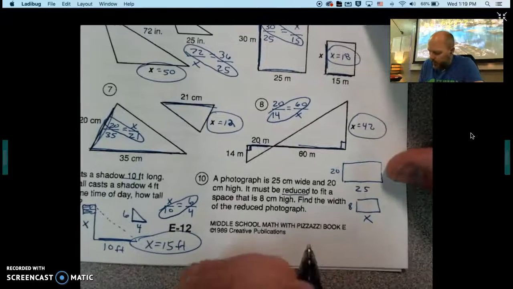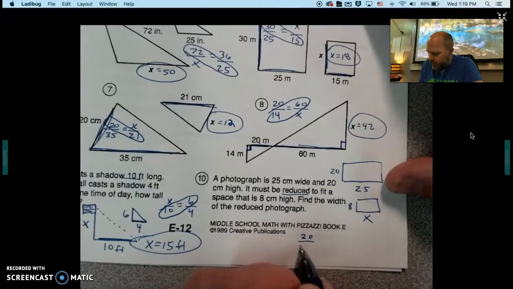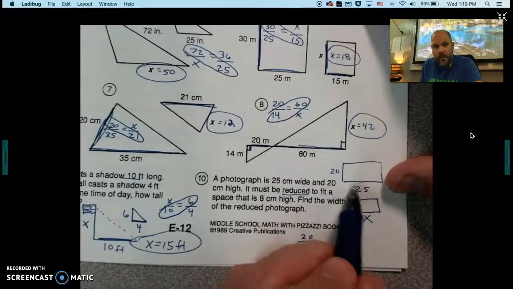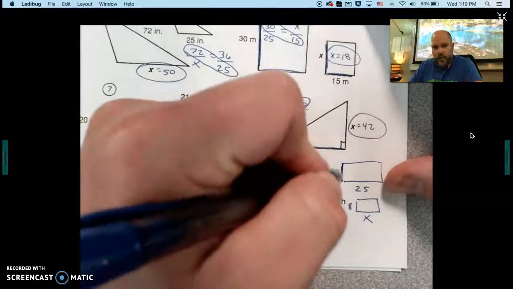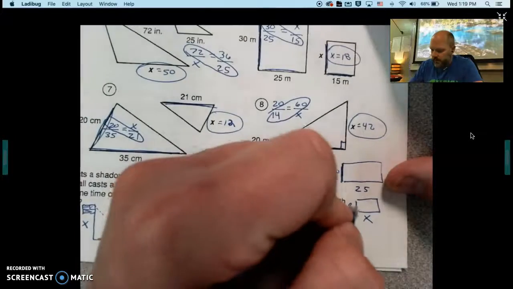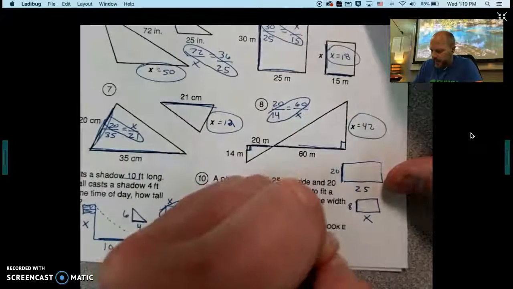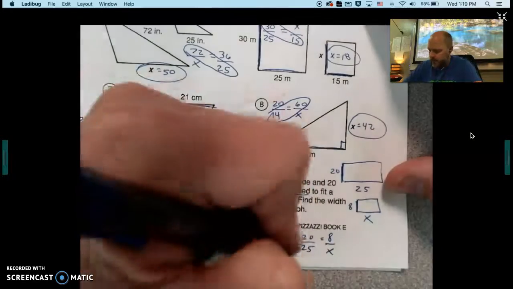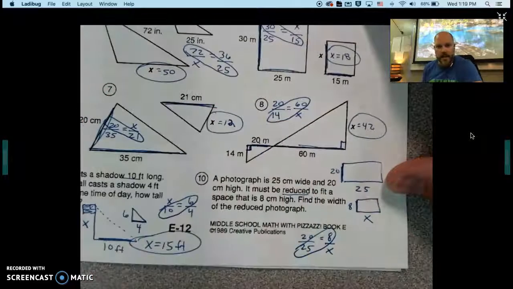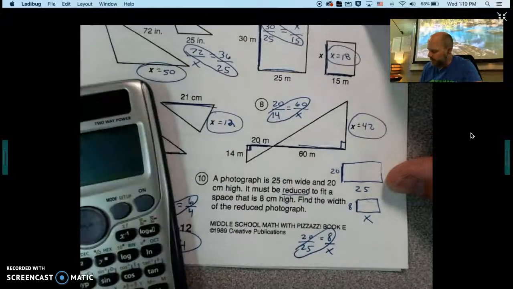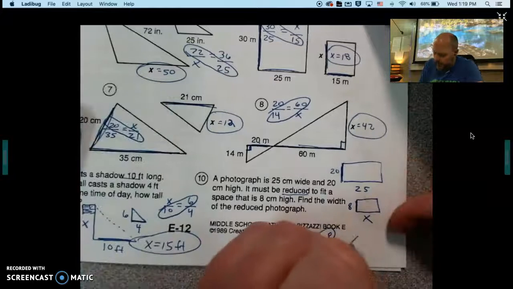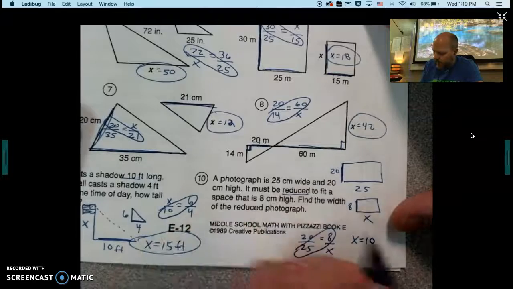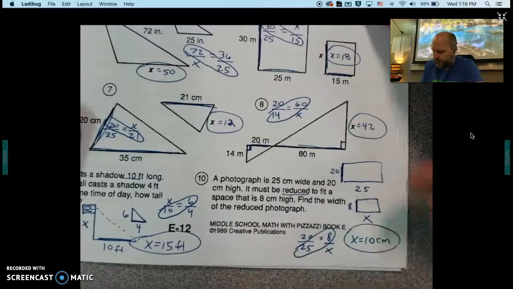So I'm going to set up my proportion. I'm going to have 20 over 25, because those two go together. They're on the same shape, so 20 over 25. And this side, 20, its corresponding side is this 8. So I'm going to put 8 over x. I'm going to cross multiply the numbers that are diagonal. So 8 times 25 is 200, divided by 20 is 10. So x equals 10, and we are talking about centimeters.